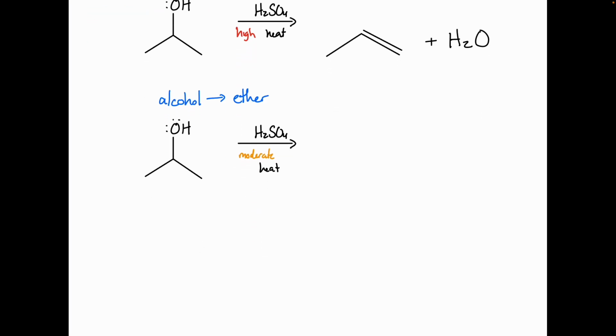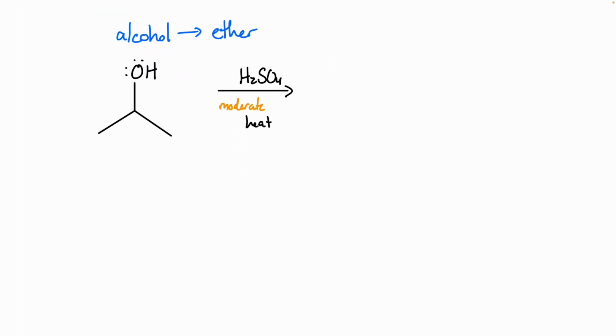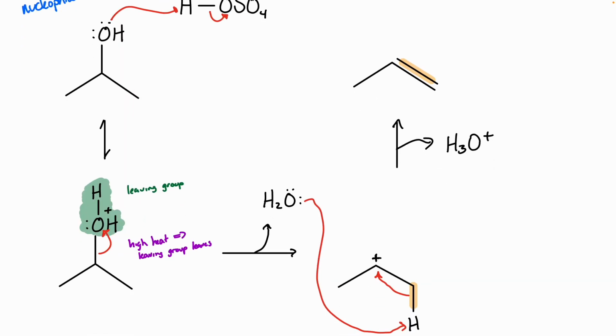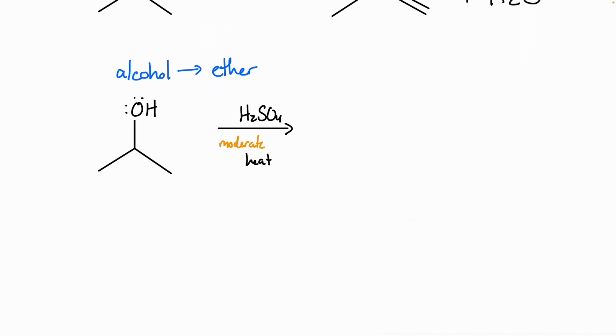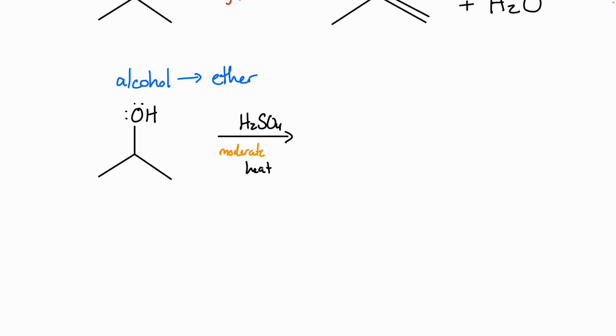So in this situation here, we don't have quite high enough heat. We actually form the same intermediate here, but we don't have high enough heat to just kick off that leaving group without an attack. Instead, a nucleophile is going to attack, kicking off that leaving group.